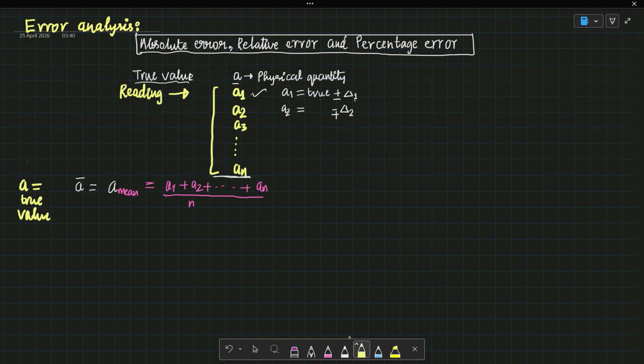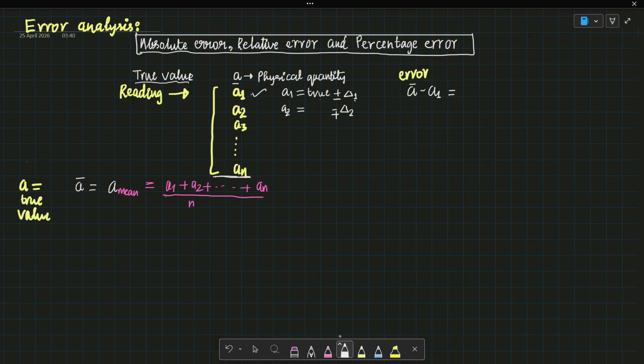When we come to know the true value, we can find out what the error in the measurement is. So what we do is take our mean value, the true value, and from this we subtract the physical quantity that we measured in the first go, the first reading.